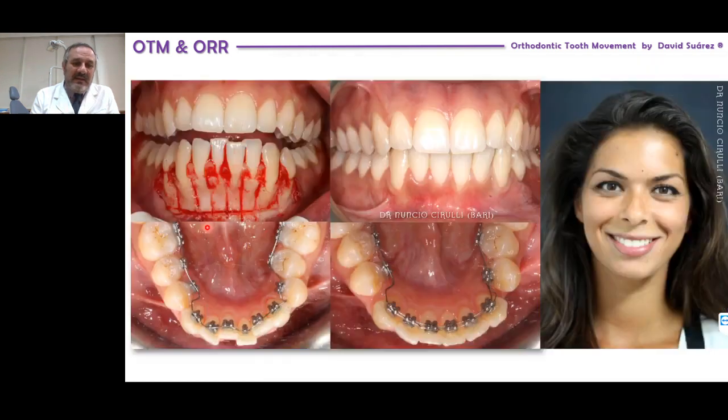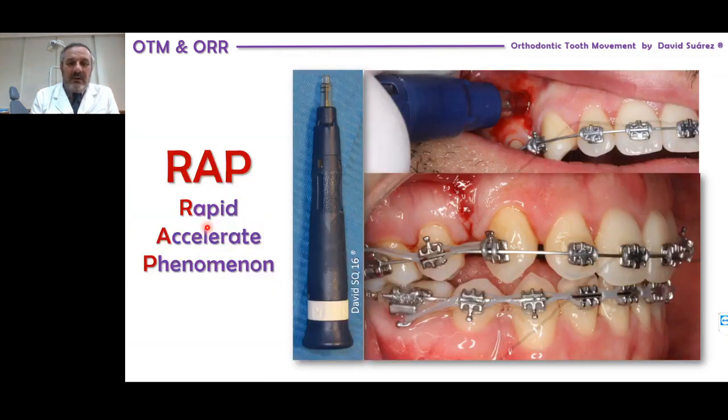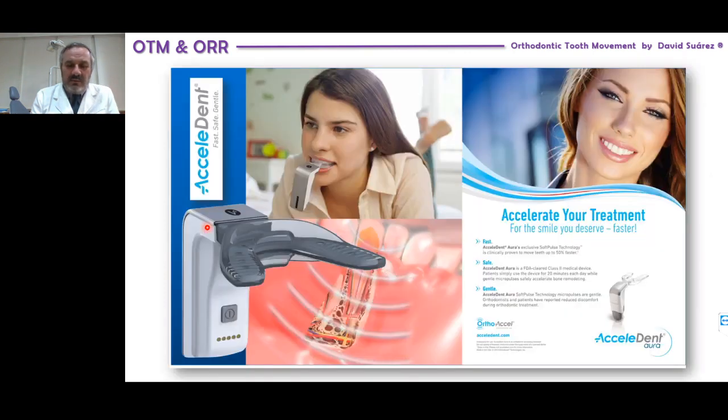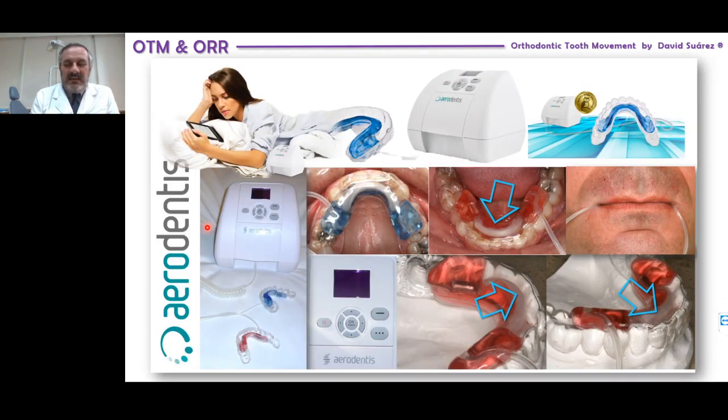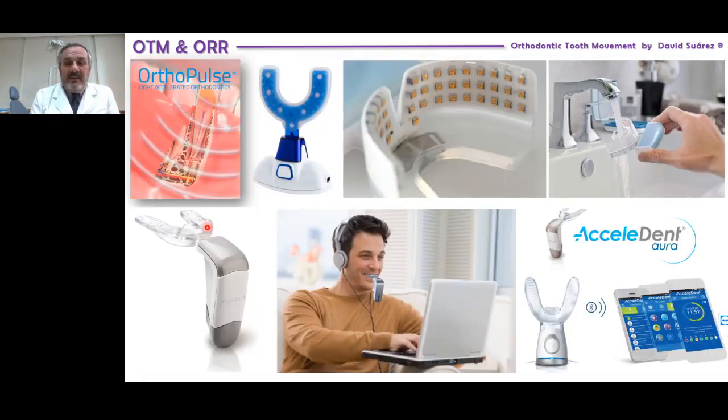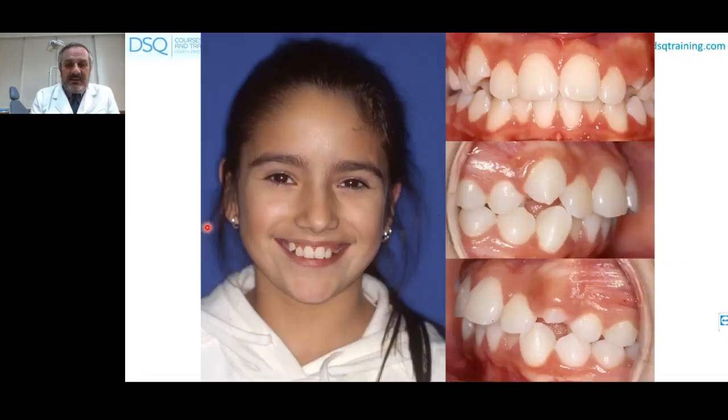The rapid accelerated phenomenon, or another type of microsurgery, like making holes, or accelerant, or another type of new device to stimulate orthodontic tooth movement, is not very practical in contemporary orthodontics.